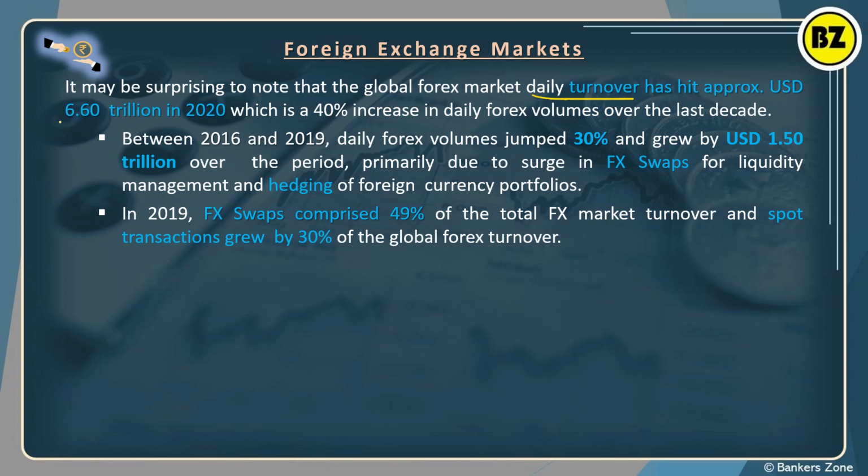It is about 6.6 trillion in 2020. There will be a direct question in your exam: what is the approximate daily turnover of the global forex market? It is 6.6 trillion dollars, in 2020.